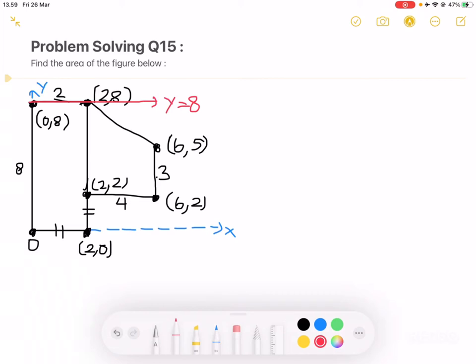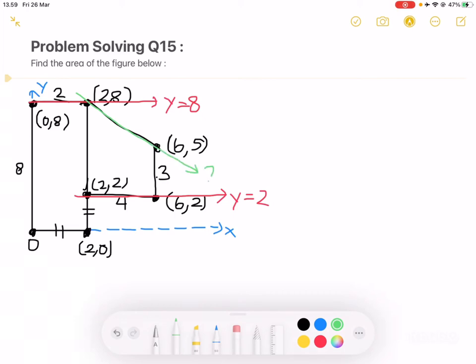So that's the first line. Now the second line will be this thing right here, which has the equation y equals 2.